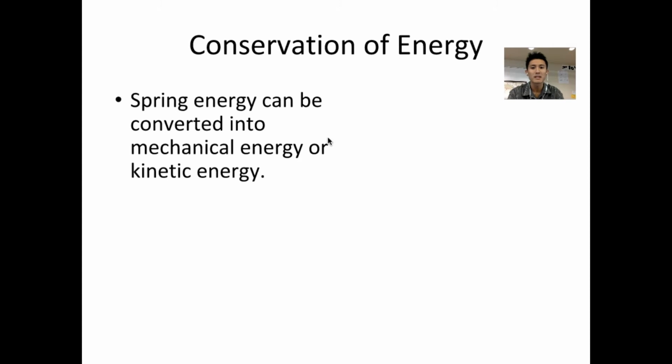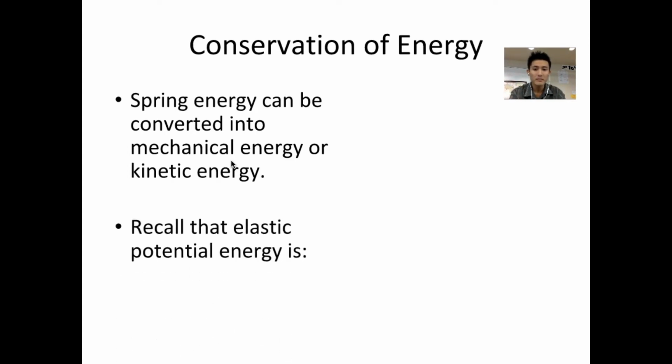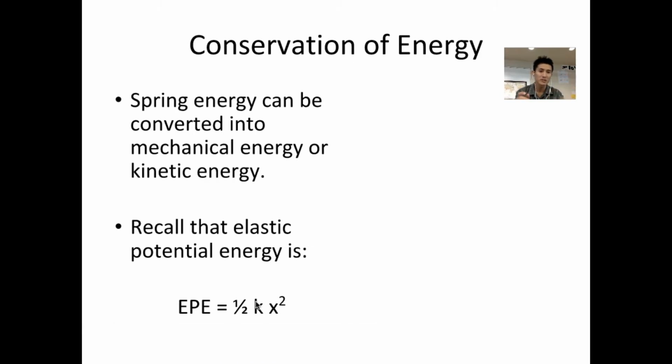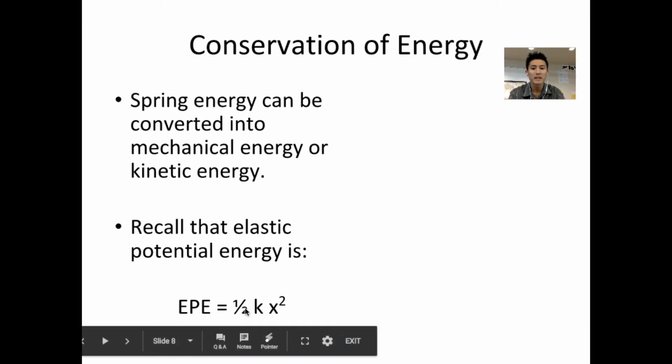So spring energy can be converted into mechanical energy, or in other words energy in motion, so that's kinetic energy. Elastic potential energy, whether from a mass on a spring or a swinging pendulum we're going to talk about in a moment, can be converted into kinetic energy.